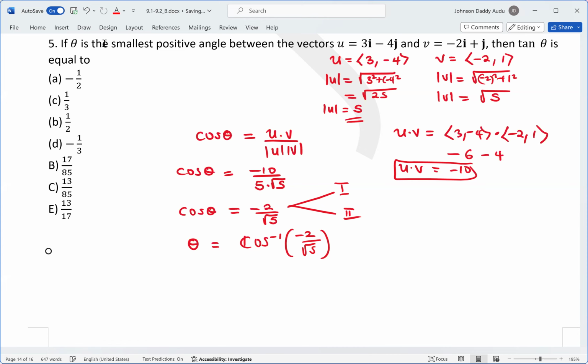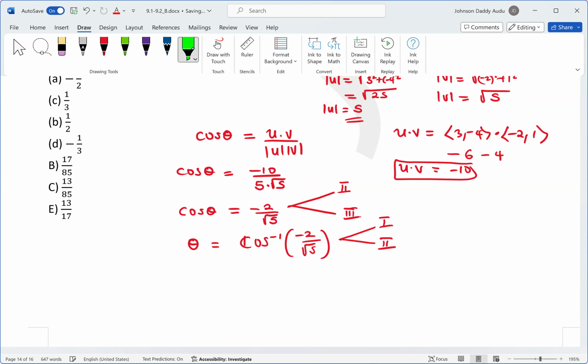But now if you look at theta itself, because cosine is negative, negative means it's either in the second or in the third quadrant. But cosine inverse means you're either in the first or in the second quadrant. So we will take what is common. What is common now, you can see this has to be in the second quadrant.